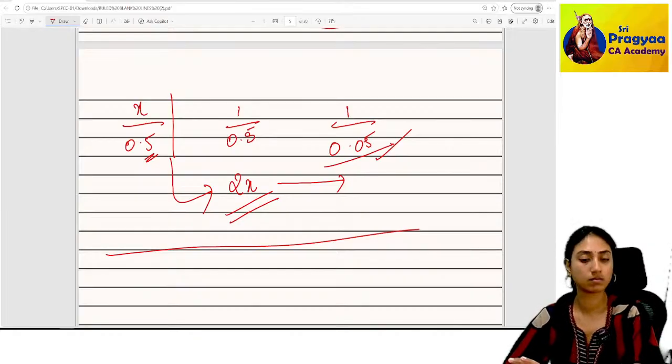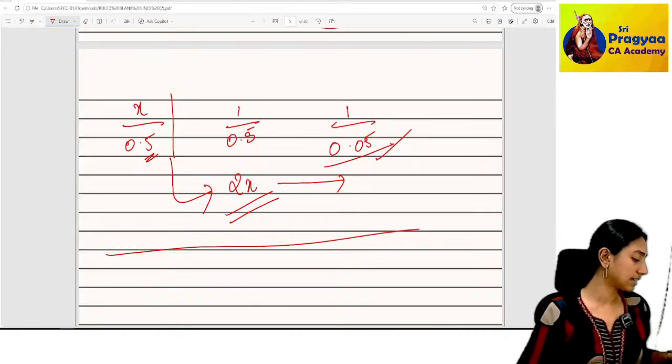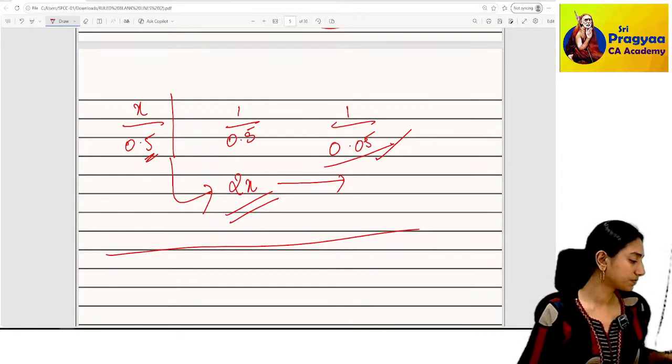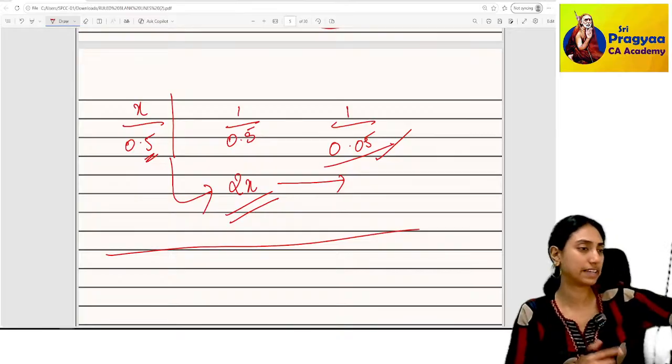2x minus 20 plus 200x minus 2000. Correct. Exactly. That's how you have to do. I'm sure that will be easy and you will be able to solve it just like any other equation.